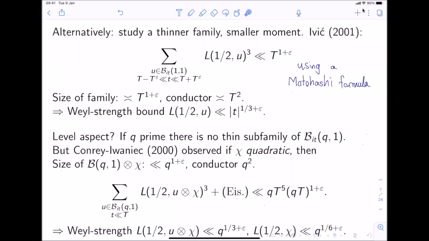So this includes both forms of level 1, considered as old forms inside forms of level Q, and also primitive forms of level Q. And if I twist them by the quadratic character, I kind of take a smaller family and then twist them all up to a higher level. So the size of this family is just the size of this piece, and that's about Q to the 1 plus epsilon.